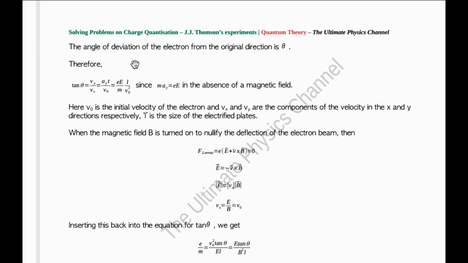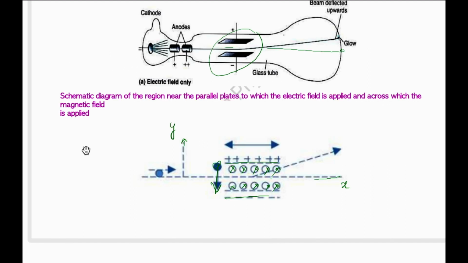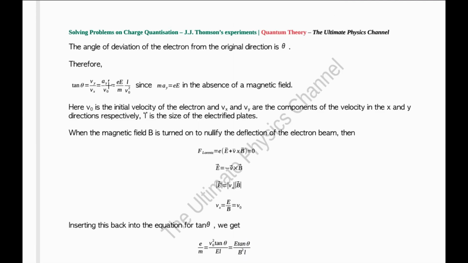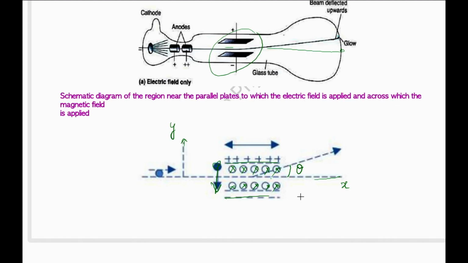Now the angle of deviation of the electron from the original direction, if it is theta, that is in our diagram, if this angle is taken to be theta here, then one can say that tan theta is equal to Vy by Vx, because in this particular region the velocity initially is, let's say, V0, and as it goes through this particular region, it has two components along the x direction and the y direction.